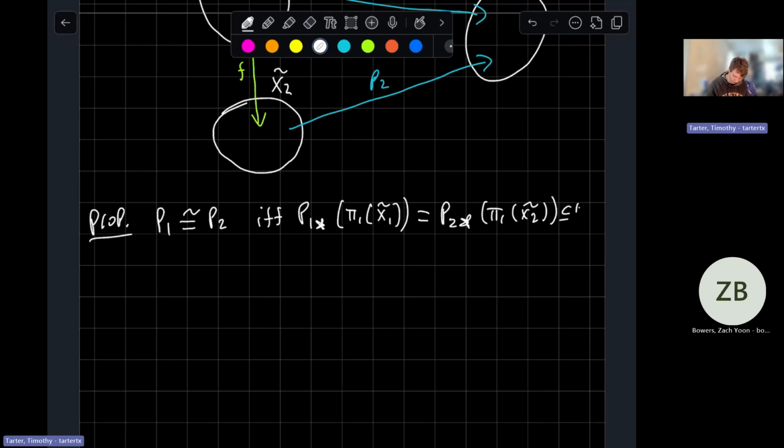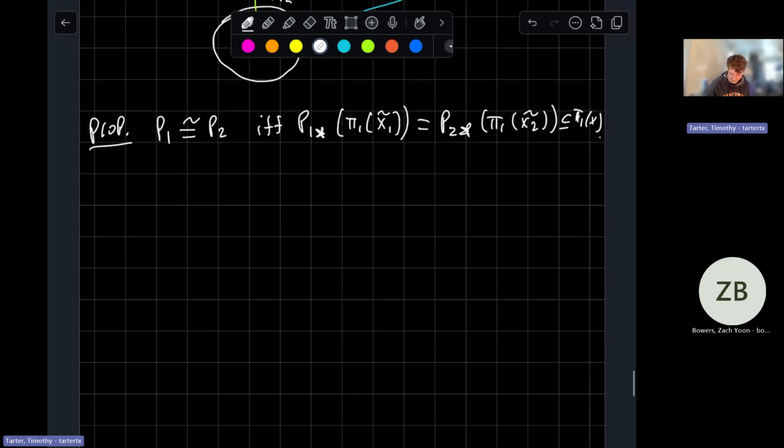And these are really within pi 1 of X. And that seems like it just makes sense.